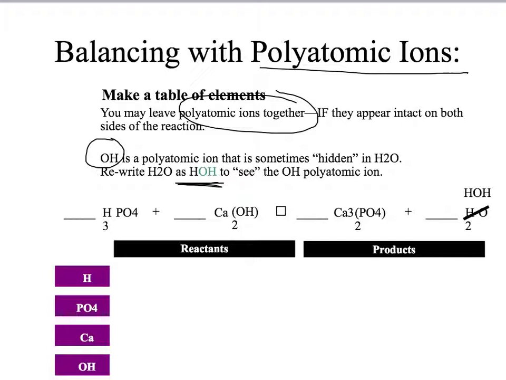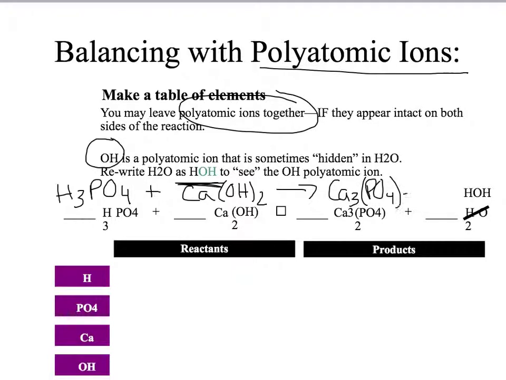Alright, so now this reaction is a little funky because of how the writing actually turned out. This is supposed to be, and hopefully you have this on your guided notes, H3PO4 plus Ca(OH)2 yields Ca3(PO4)2 plus HOH.